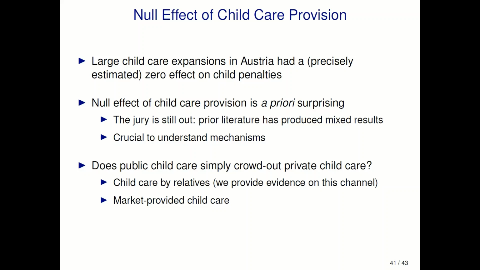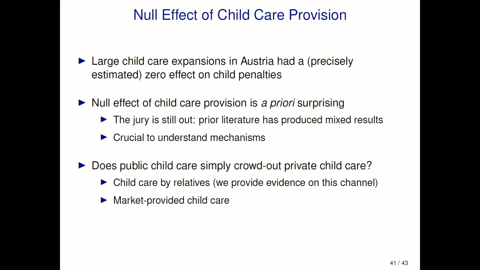One is care by relatives, as you said, and the other one is market-provided childcare. Now, Austria is more like the former, and we actually provide evidence on this in the paper. It's suggestive, but we provide suggestive evidence that indeed the expansion of childcare crowded out care by relatives.